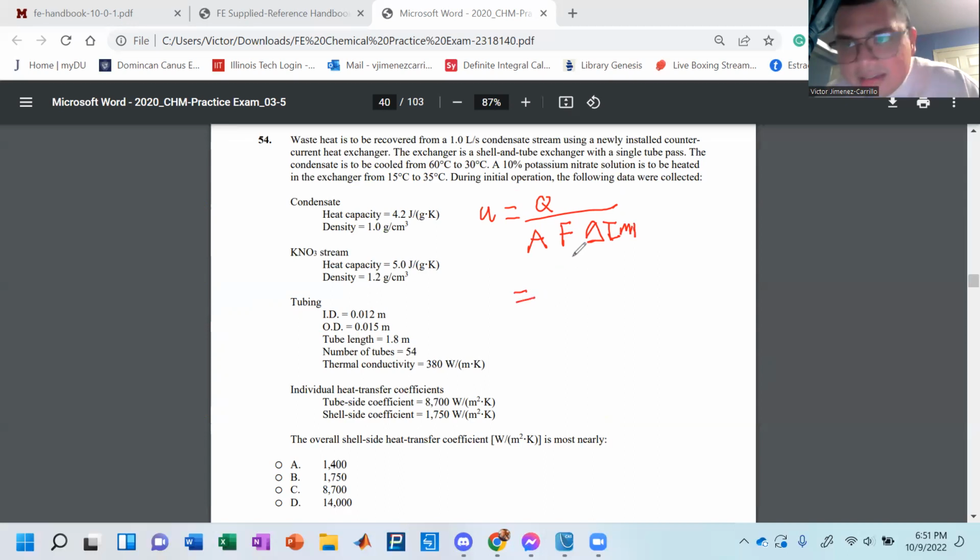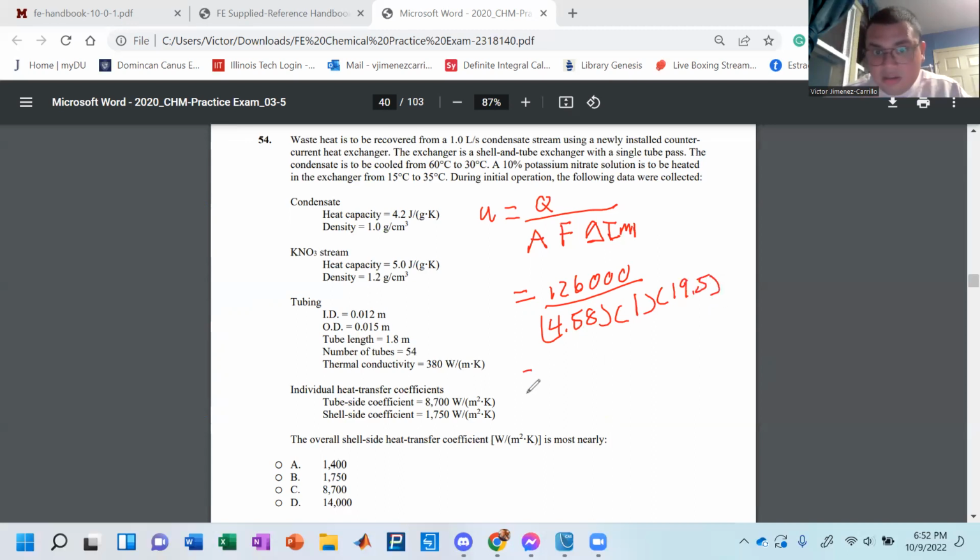The negative Q can stay negative. It can make it positive, but since we need a positive answer, turn it positive. It'll be 126,000 divided by the area, which is the 4.58. Correction factor 1. The log mean temperature difference for the system was 19.5.